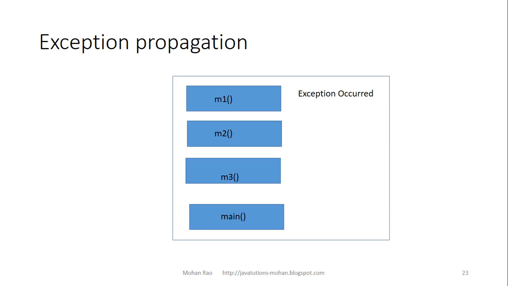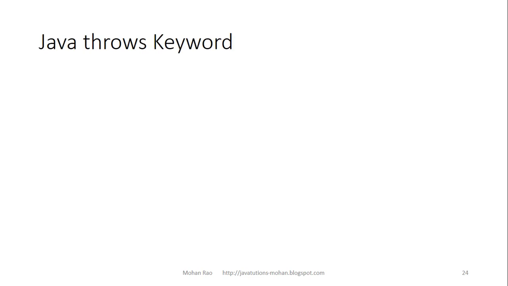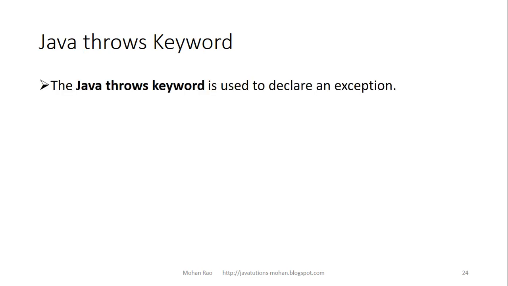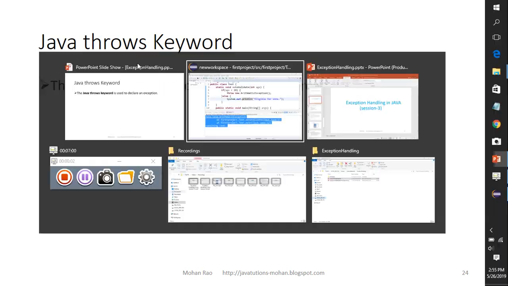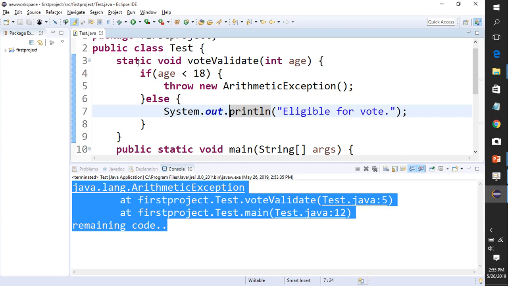If M2 is not handling, then it can pass that object to M3, because M3 is the caller of M2, or else M3 can handle it, or M3 also can pass that object to the main method. This is known as exception propagation or exception chaining. Few things related to Java throws keyword, we will see this later.